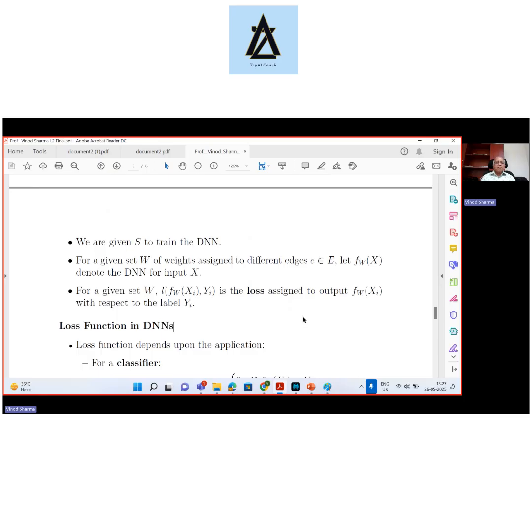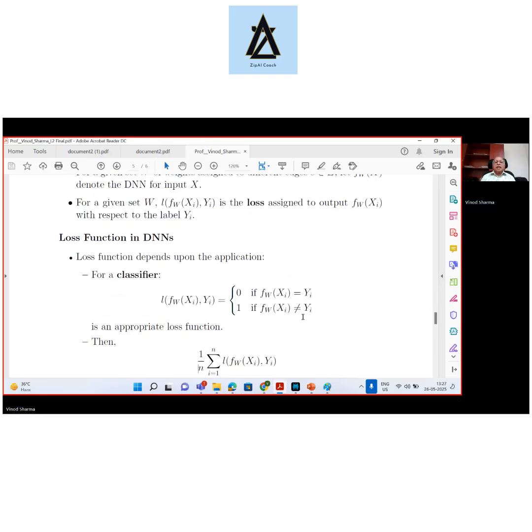There are different kinds of loss functions that people use. For example, if you have a classifier, then for a given W, fW(xi) is the class that you obtain from the deep neural network corresponding to this W. You compare that with the actual label yi.